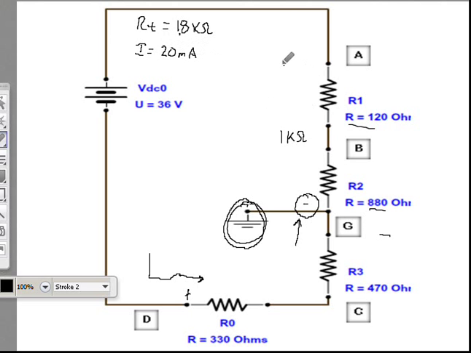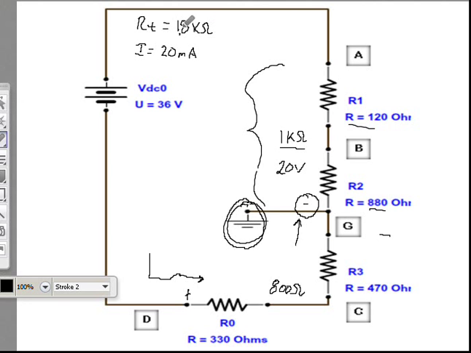So measuring from point A to G, it is essentially a 1 k ohm resistor times 20 milliamps. Well, I do believe that's going to be a 20 volt measurement, or a 20 volt voltage drop. Now let's say we go D to G. Well, I've got 330 ohms plus 470 ohms, so that looks like about an 800 ohm resistor.